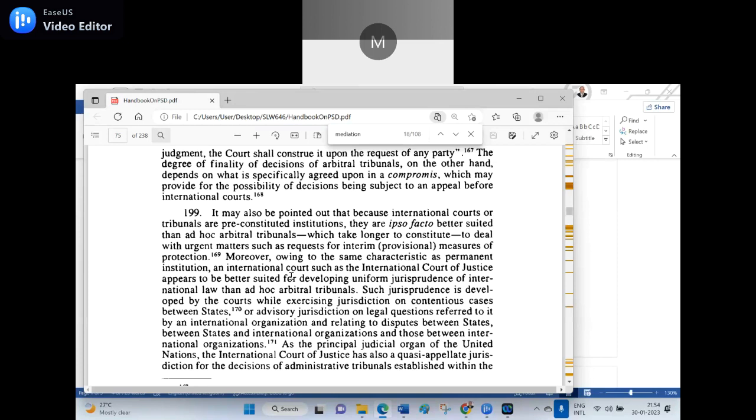Either the parties could go for the arbitral award by submitting themselves, or they can resolve the issue by the judicial organ, which is nothing but the International Court of Justice, based on the legal instruments, international instruments, and the contract the parties agreed to.